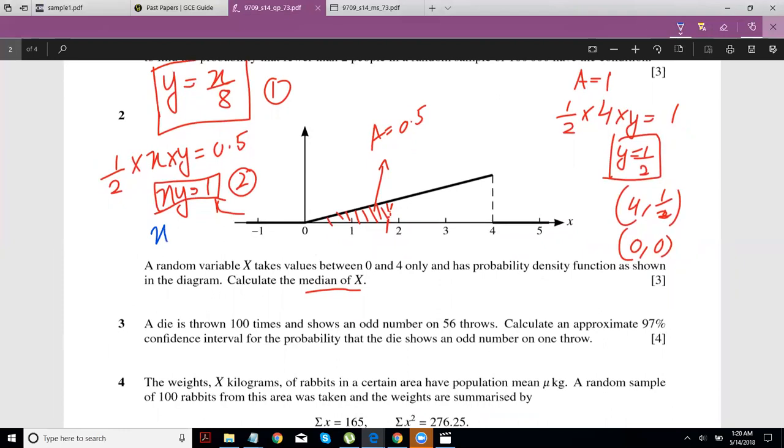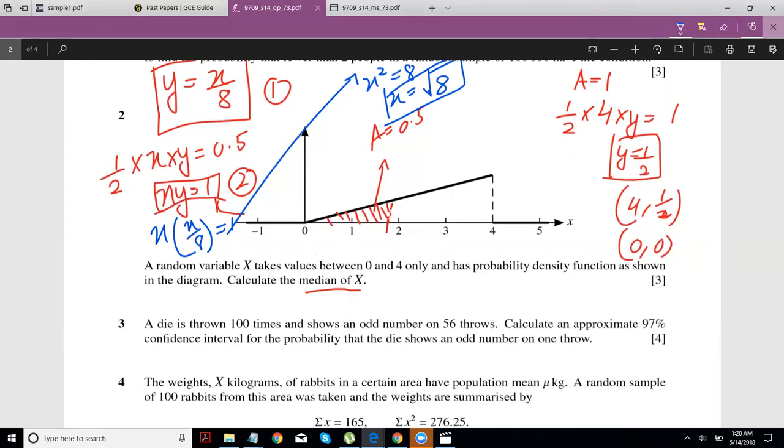So that'll give you x into x upon 8 is equal to 1, which should give you, if I continue over here, x squared is equal to 8, and hence x is root 8. And since your median would obviously be an x value, you don't even need to bother to find the y value.